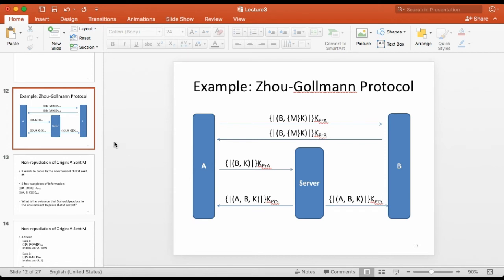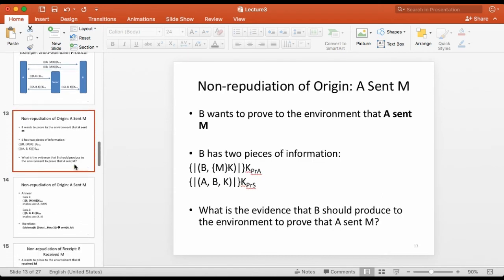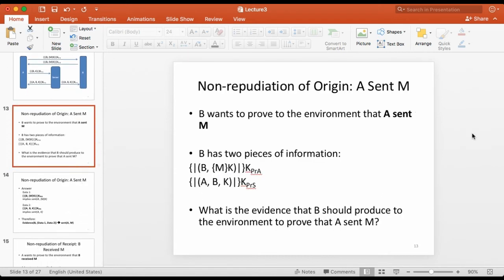So now we move on to study the non-repudiation properties of this protocol. Okay, so first of all, we're looking at non-repudiation, what we call non-repudiation of origin.